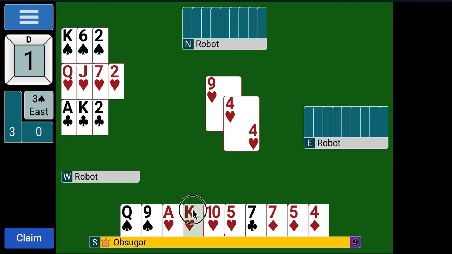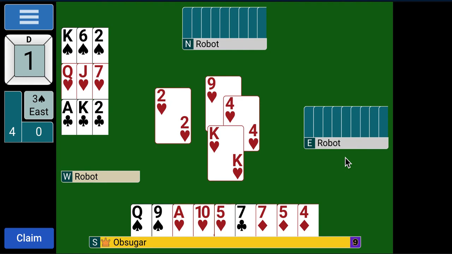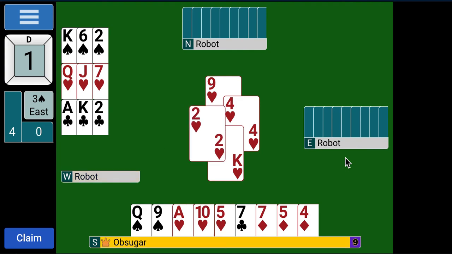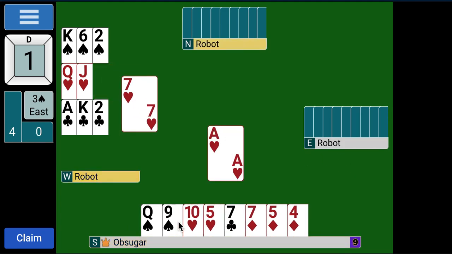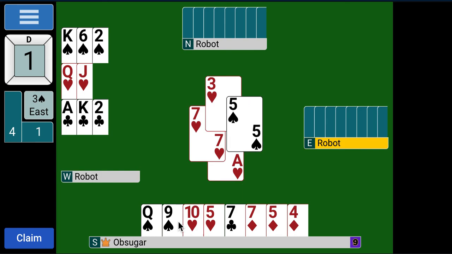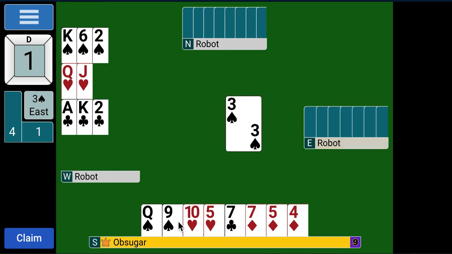Partner leads a heart, right? This suit will help us figure out the exact distribution of East. So I'll go ahead and play ace of hearts. And East does not follow. So, what is the distribution of declarer's hand?